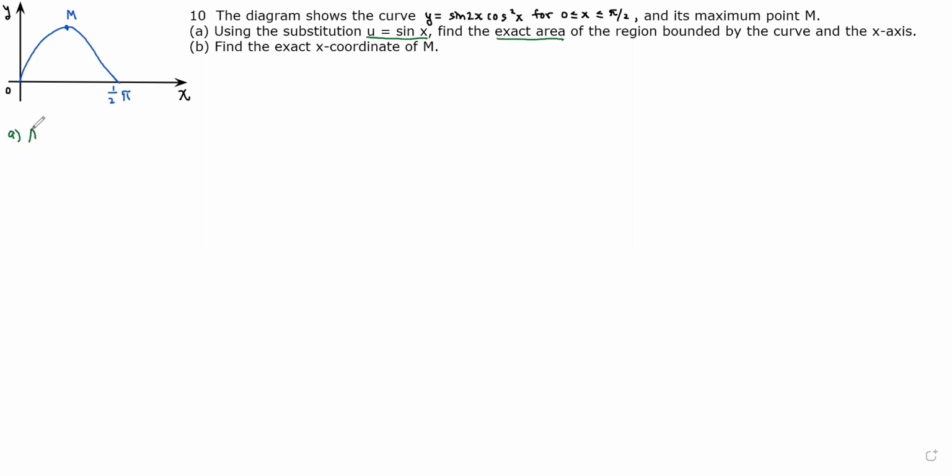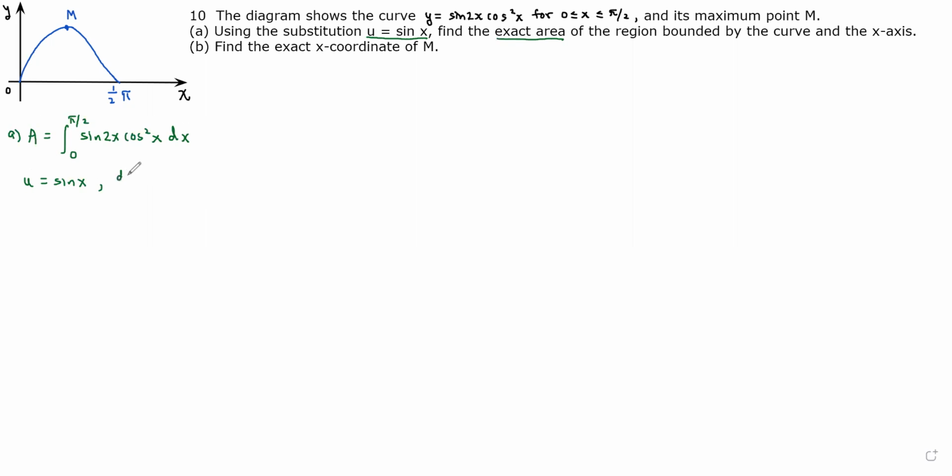In order to find the area, we integrate the curve, which is sine 2x cos square x, with respect to x from 0 up to pi over 2. We are to use the substitution u equals sine x.